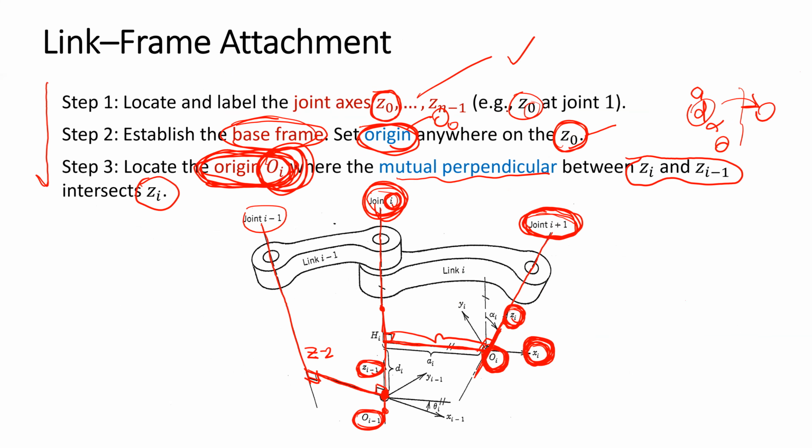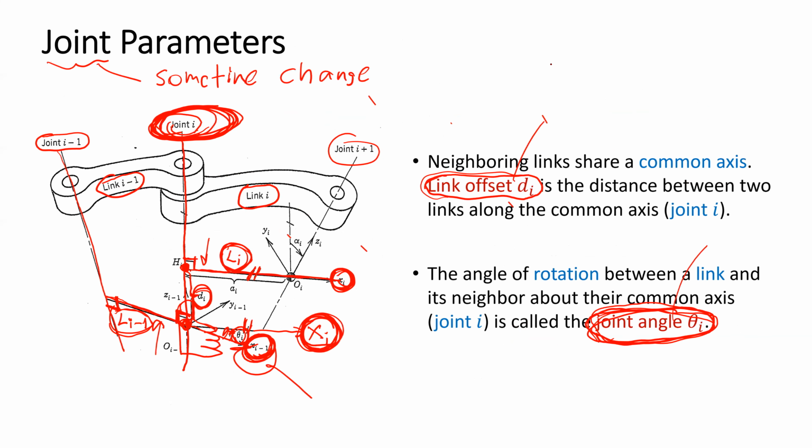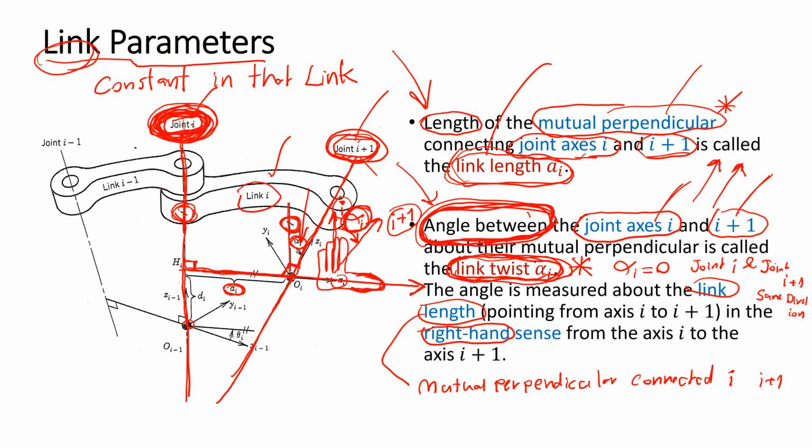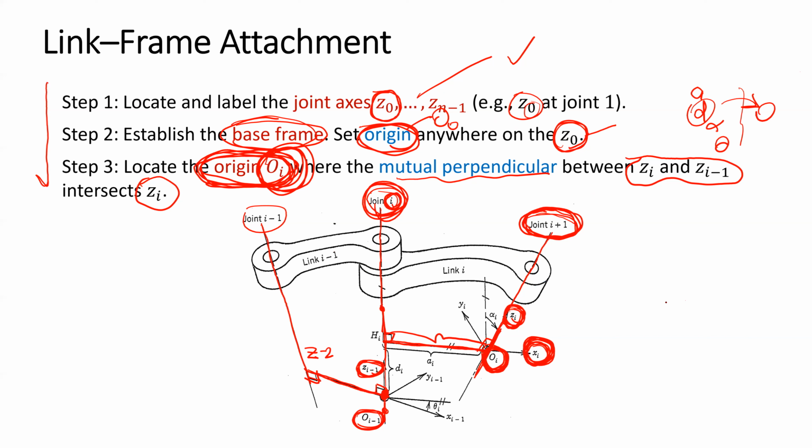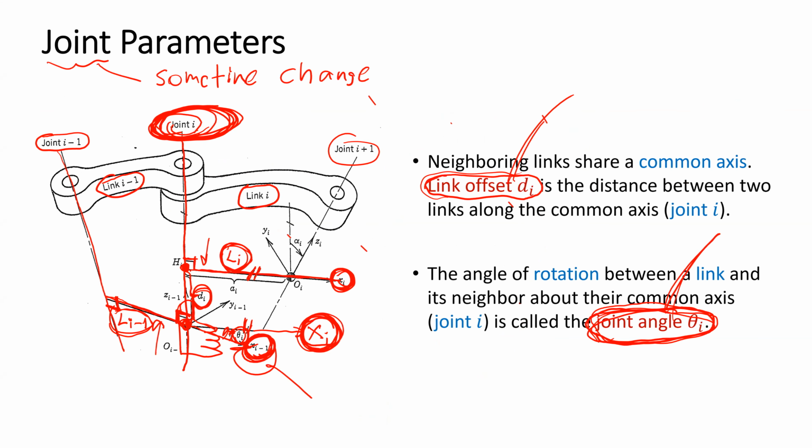Before this, we know the meaning of the link parameter and the joint parameter. And we just know the steps, how to define and how to attach a frame on each link. But when we described the parameters, we didn't talk about the frame.